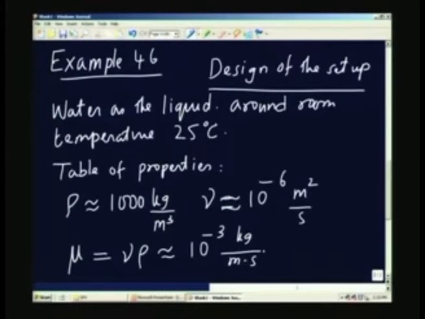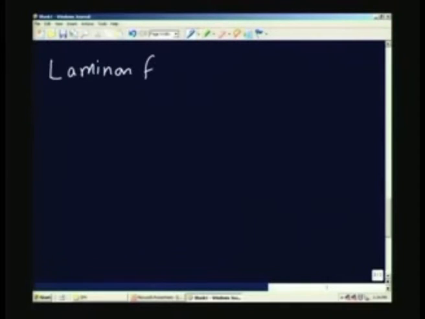So, we now have a fluid whose viscosity is given, and what I have to do is to look at the laminar flow that is required, and let us assume that the Reynolds number based on the diameter is roughly 500.